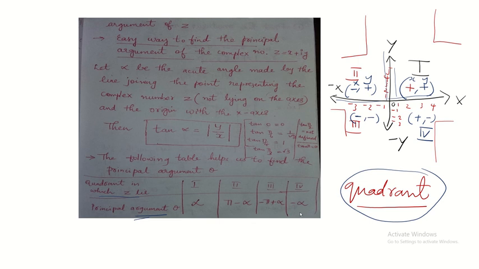So next, I'll solve the first question. Here you have to find the modulus and the argument of z. Modulus means you have to find the modulus of z, and you have to find the argument of z. Argument means theta.